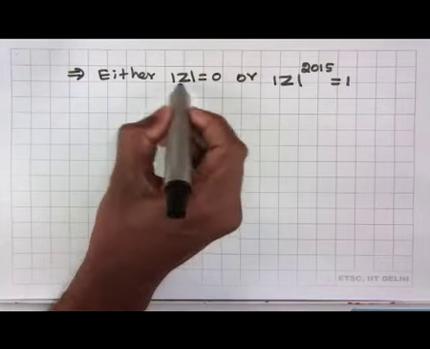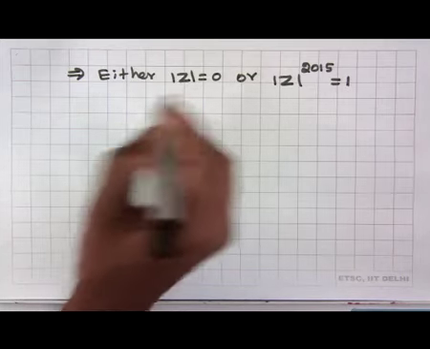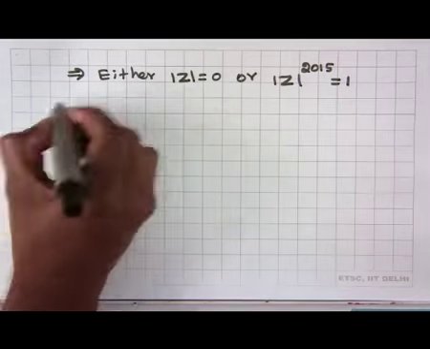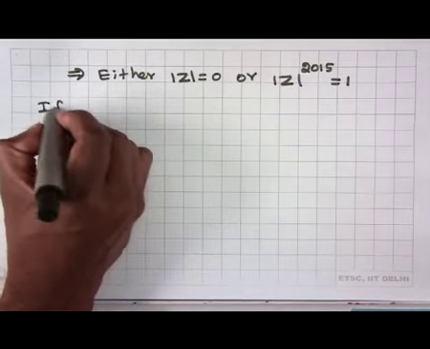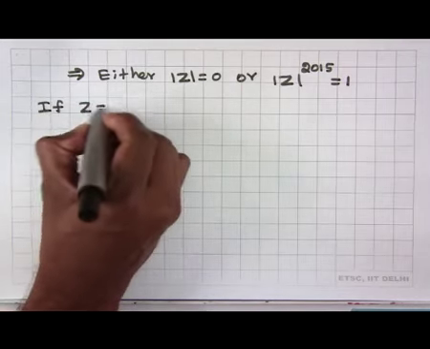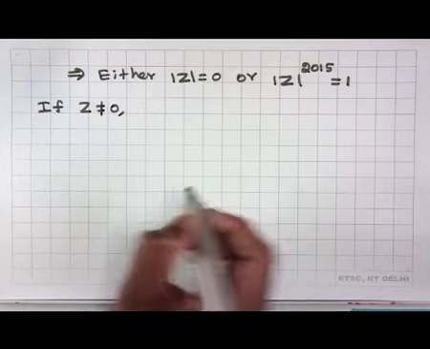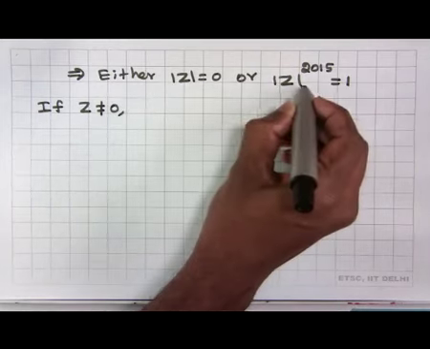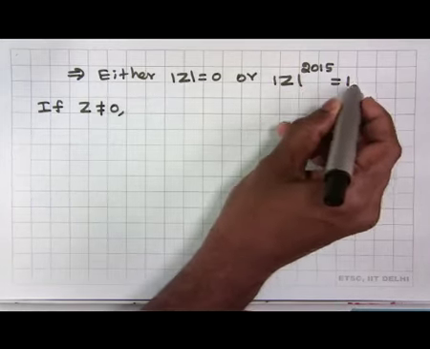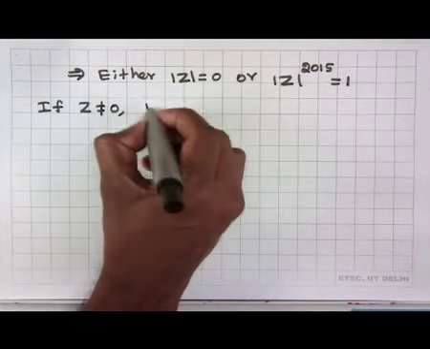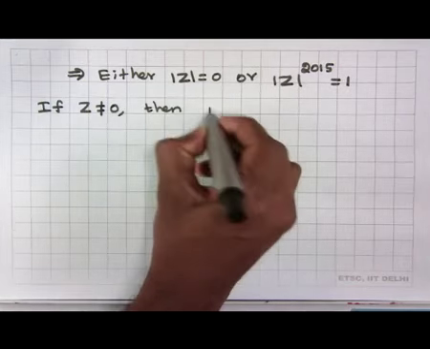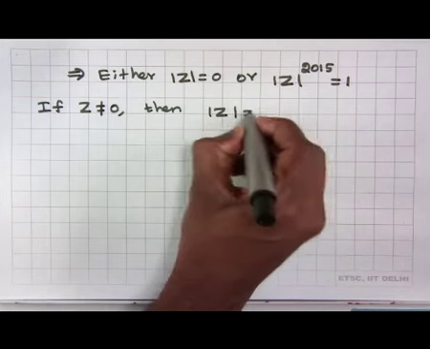If mod z equal to 0, it means that z is 0. So, let us consider, if z is non-zero, then mod z power 2015 must be 1. From this we conclude that mod z must be equal to 1.